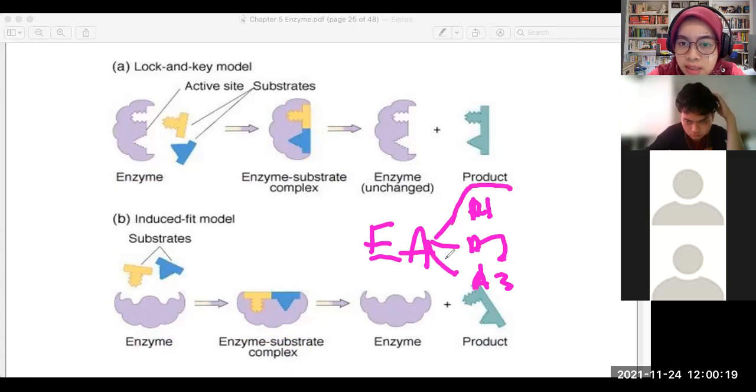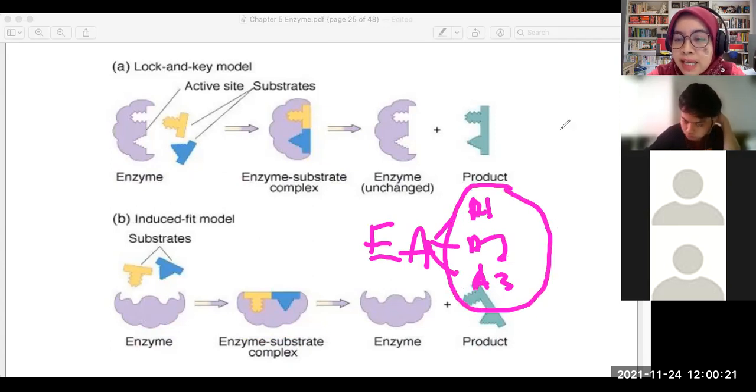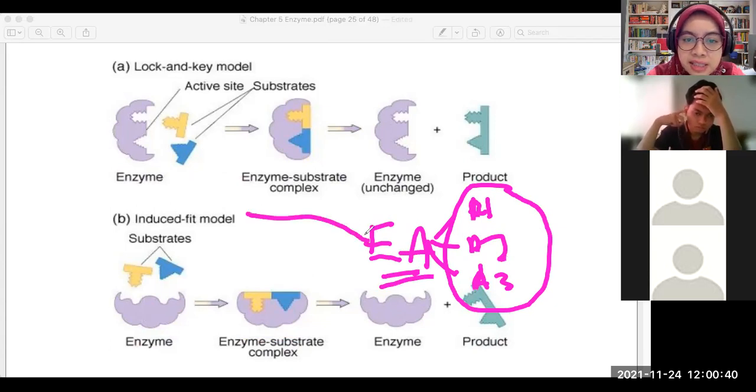These substrates shouldn't be entirely different, but they may have a different side chain, for example. They have similar structures between substrate A1, substrate A2, and substrate A3. Because of the similarities they share, they can share the same enzyme. That suggests some enzymes could behave in a flexible manner.